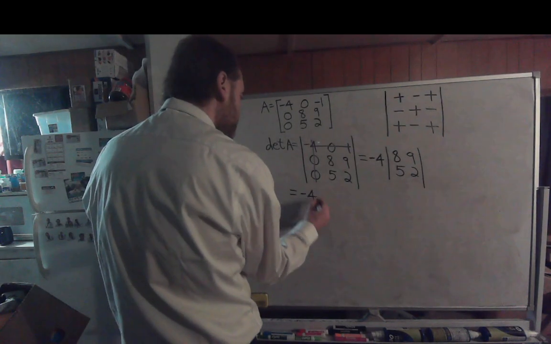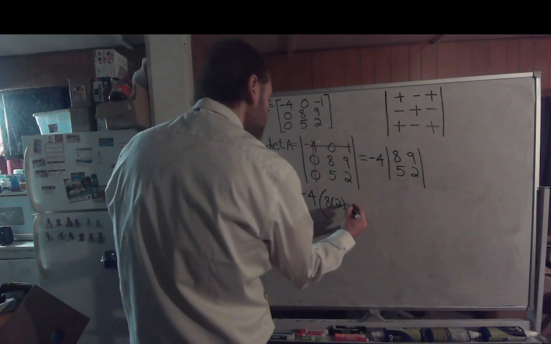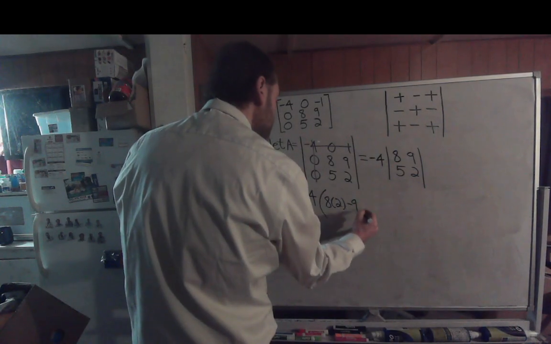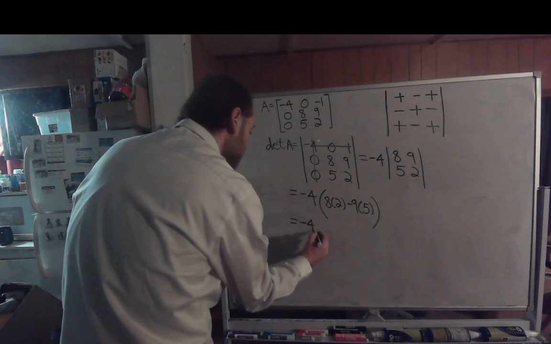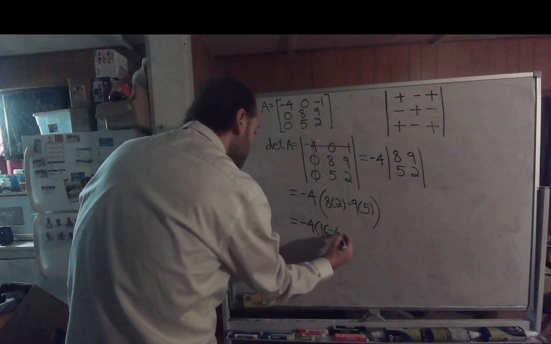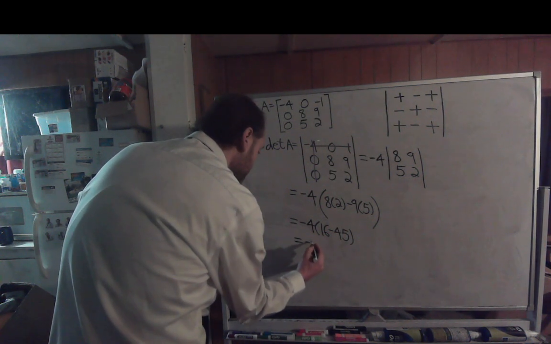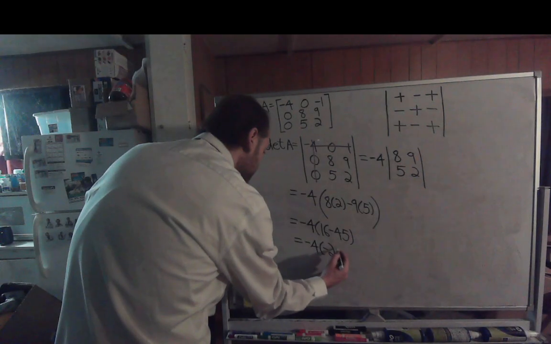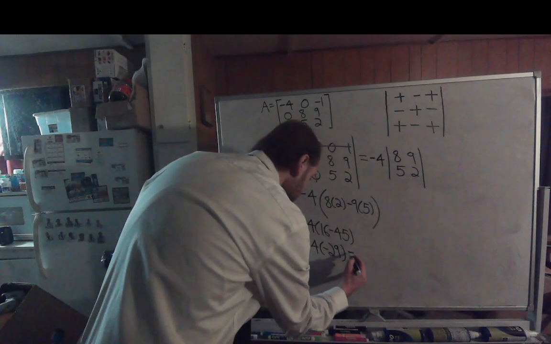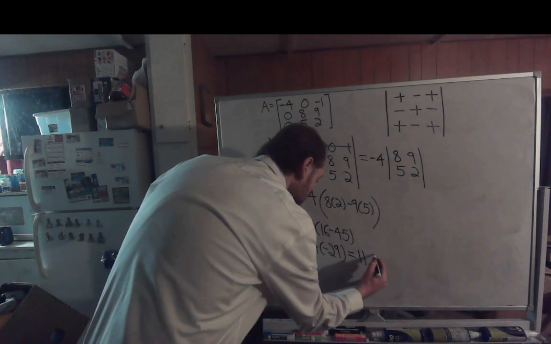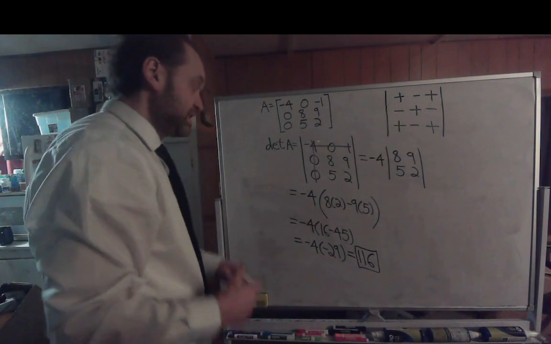You'll have -4 times 8 times 2, well, 8 times 2, let's just do that, minus that 9 times 5, which would be -4 times 16 minus 45, which would be -4 times -29, which would be positive 116.